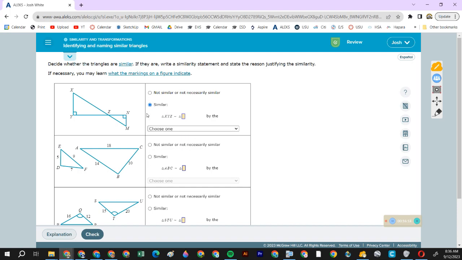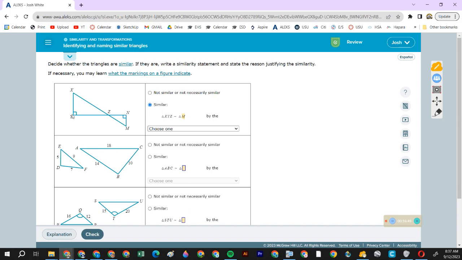Now it wants us to make the similarity statement. So it's saying triangle XYZ is congruent to, oh, we need to write it out. So which angle matches up with X? That would be M. So M, and then, so X, Y, Z, which angle matches up with Y?